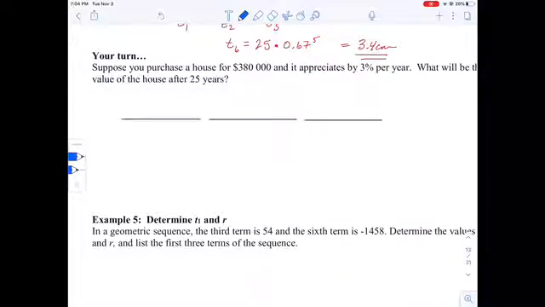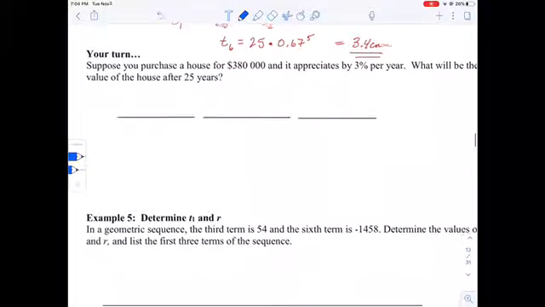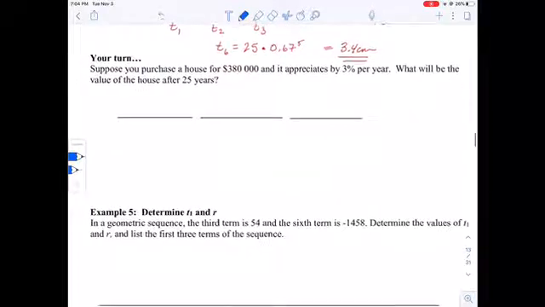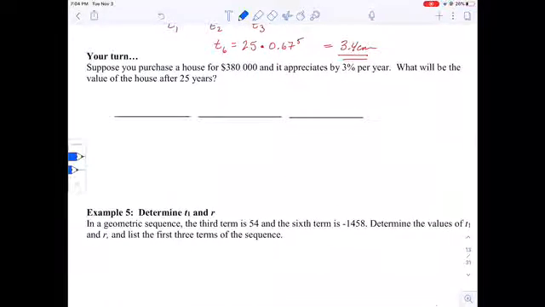Okay, so for the next example, if you can figure out, it says, suppose you purchase a house for $380,000 and it appreciates by 3% per year. What will be the value of the house after 25 years? So if we start with that house, 380,000. Okay, that's our start amount.